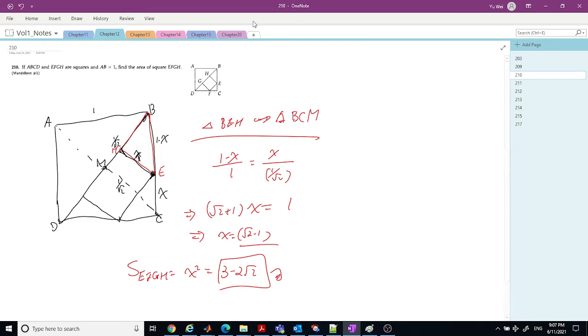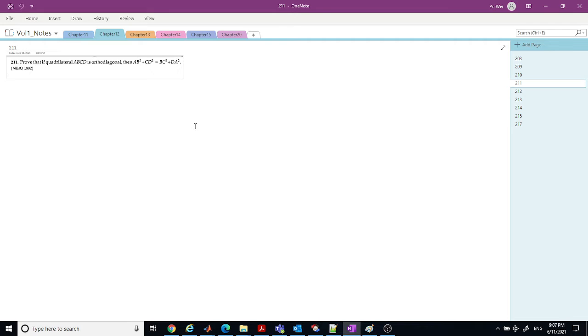Then question 211. We want to prove that if a quadrilateral ABCD is orthodiagonal, this is also another important result, and that's why I want to put it here.